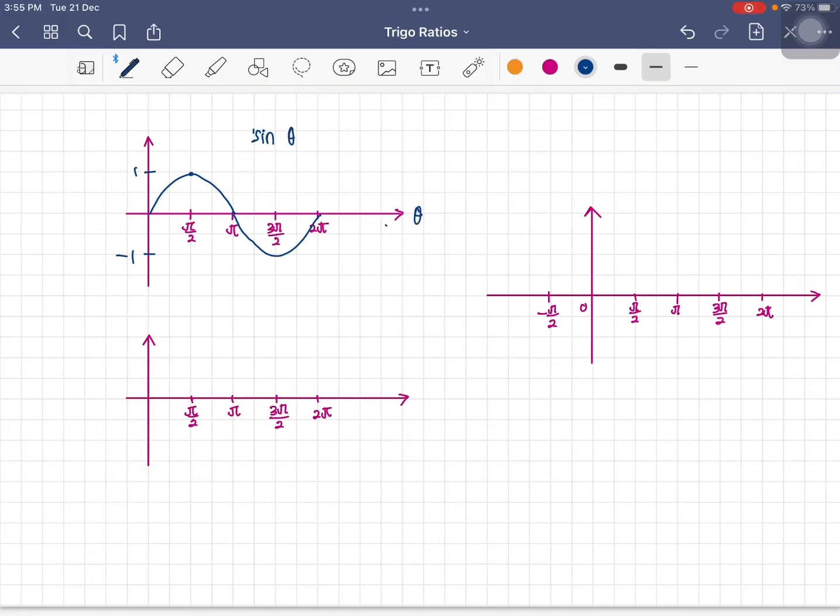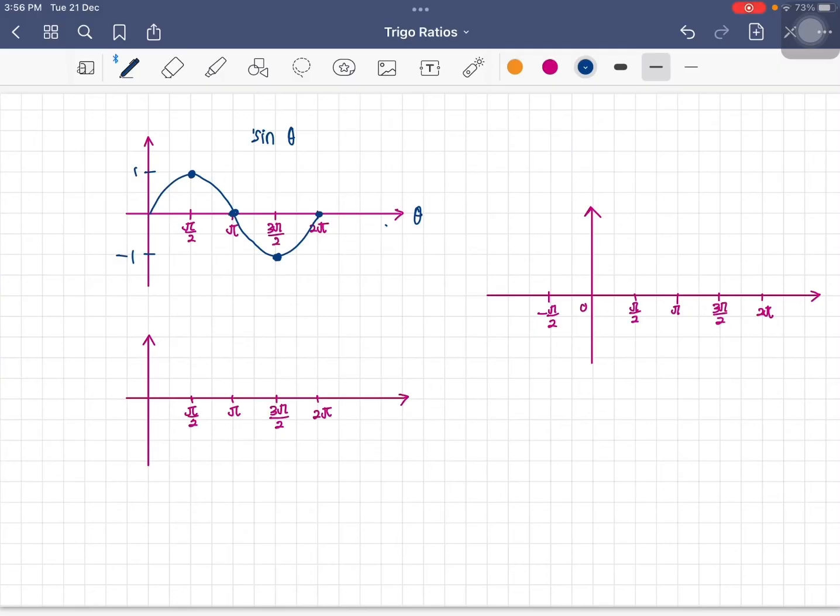So sine of 90 degrees should be 1. Sine of 180 should be 0. Sine of 270 should be negative 1. And sine of 360 should be 0.